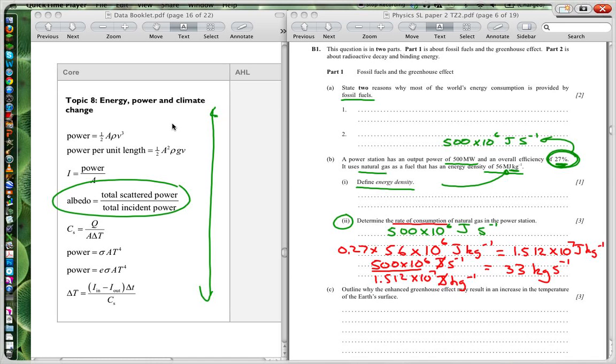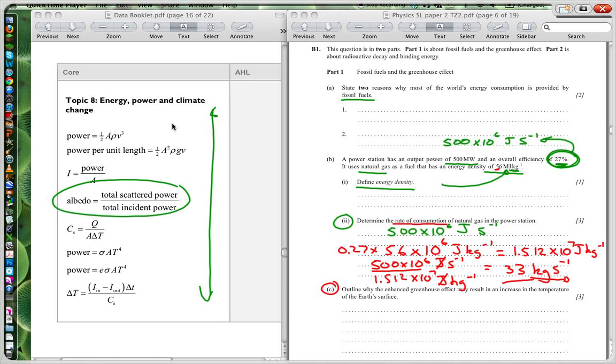Now, let's look at the number of significant figures. Here I've got 56, 27, 500. I think the 33 is sufficient there.